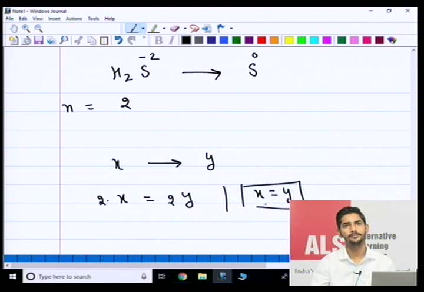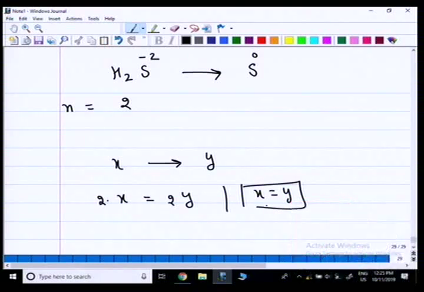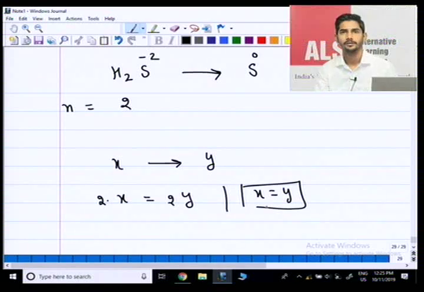X is equal to y? Hey guys, can I say that? Yes or no?